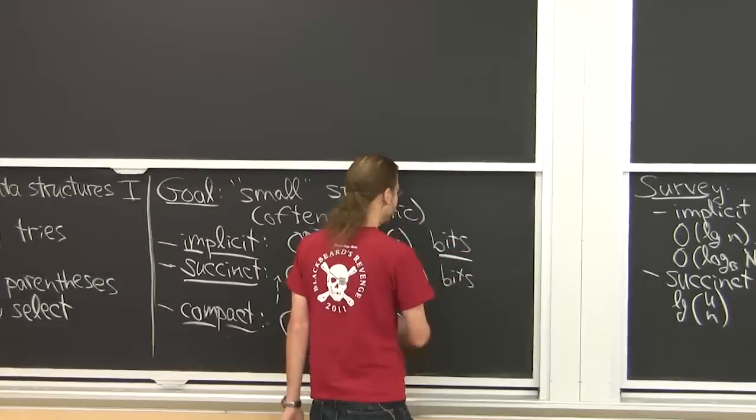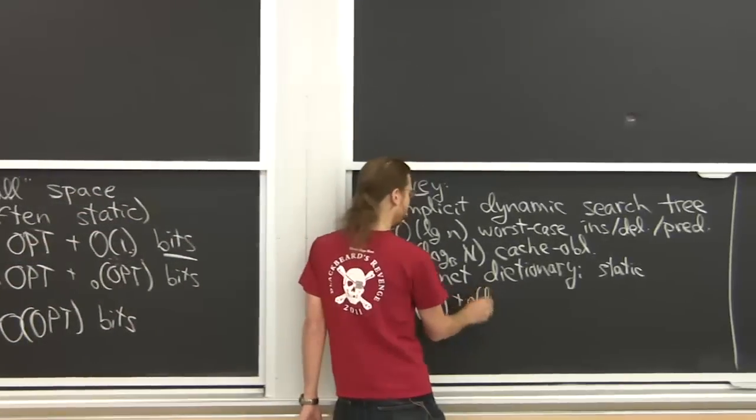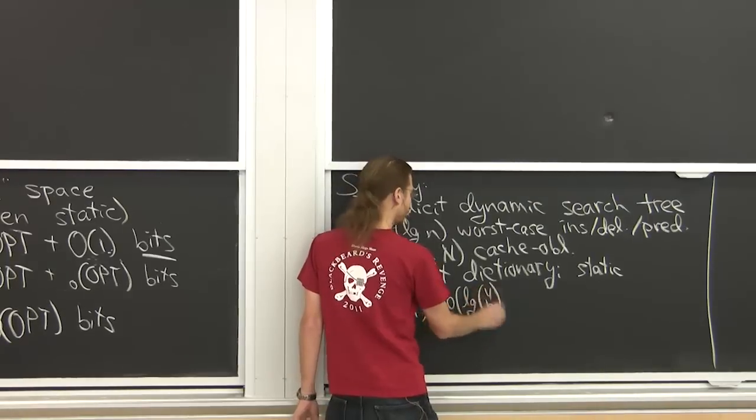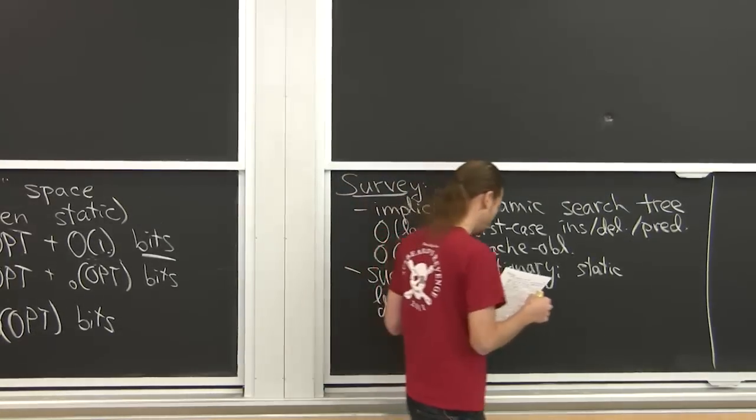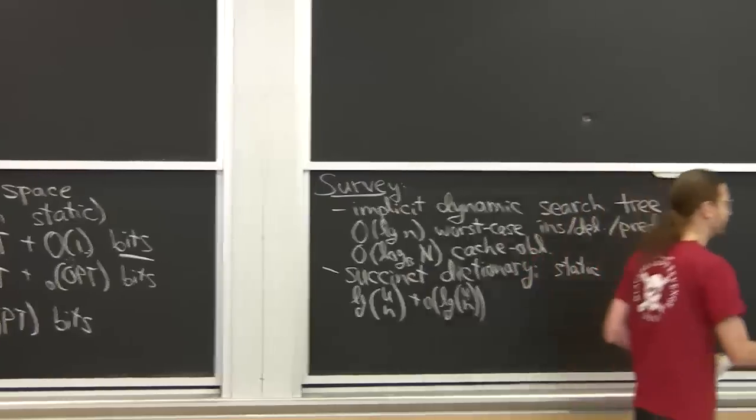It's not known how to do implicit. It's known how to do succinct. So this is going to be plus little o of that thing. And actually, I have the explicit bound.